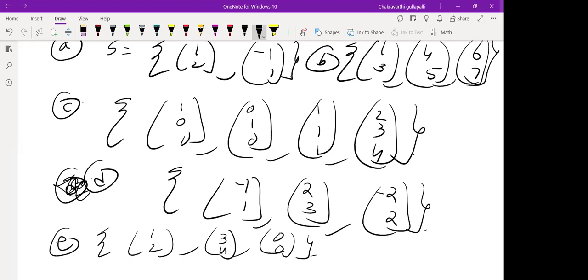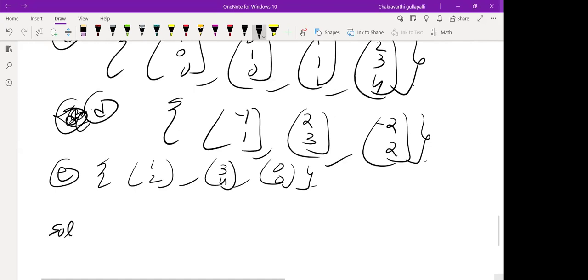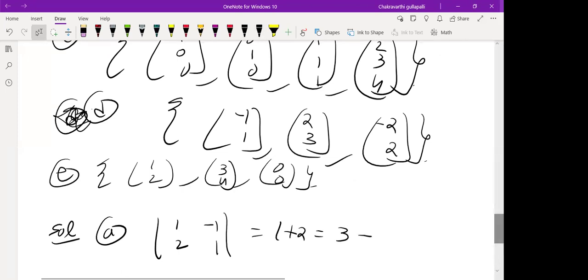What can you say about the first set? Is it independent or dependent? Independent, because when you look at the determinant of (1, 2), (-1, 1), it is 1 plus 2, which is 3, not 0.